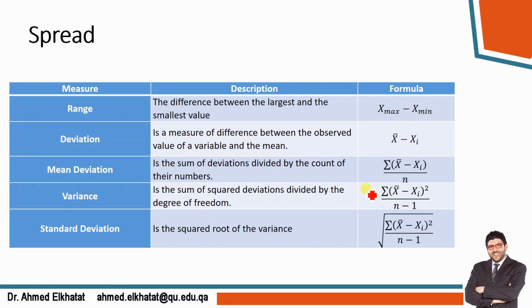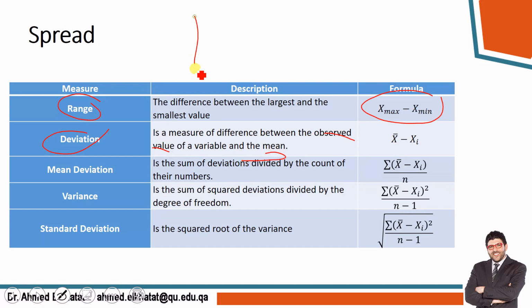Here we have measures to measure the spread of data. So for example, we have the range. Range is the simplest way to measure the spread of data, and it's x maximum minus x minimum. Also we have deviation, and deviation means the difference between the observed value and the mean.